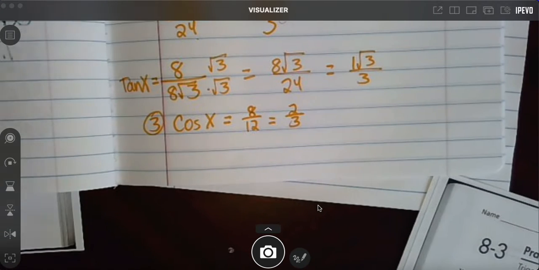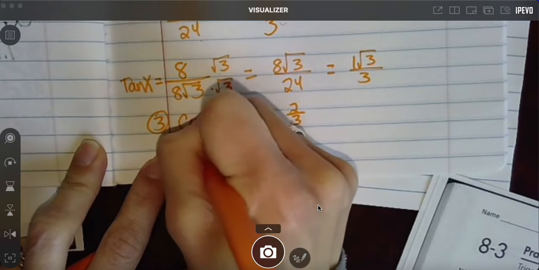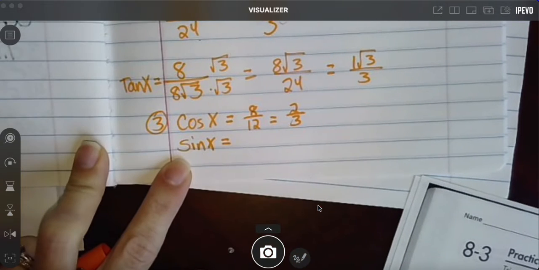The rest of them weren't like that though, right? On the sine of x on number 3, you can reduce that one. Did y'all reduce the sine of x on number 3? Oh, yeah. The sine of x on number 3, what did y'all get for that answer?